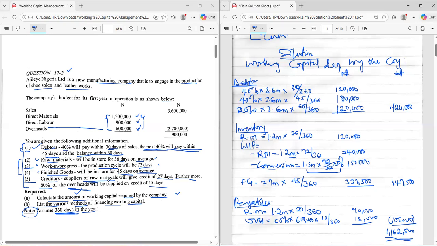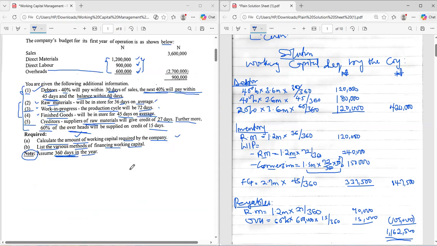So let's look at the next part. List the various methods of financing working capital. Who knows the answer? The various methods of financing working capital. Bank overdraft.